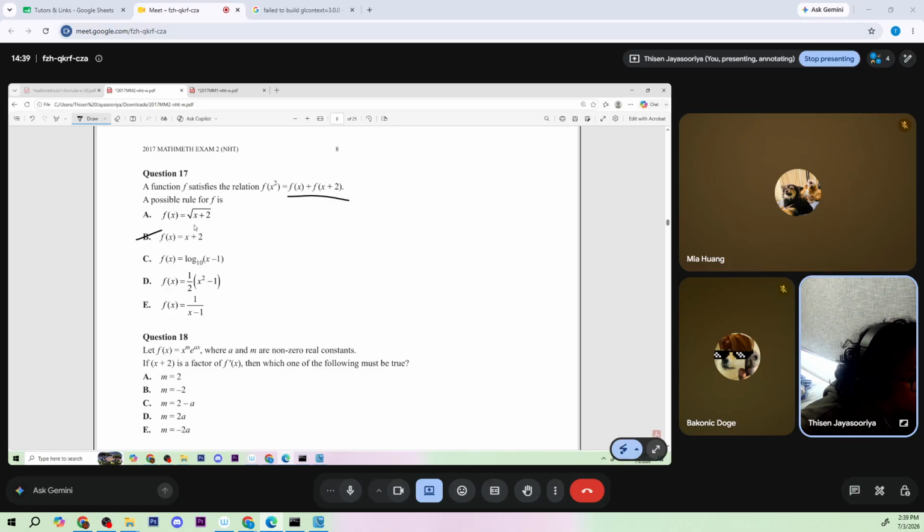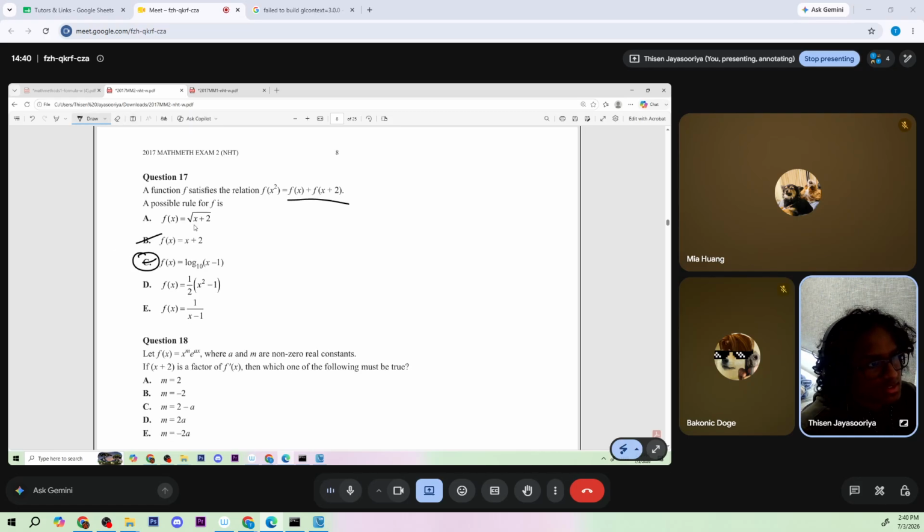Here, it's answer option C. Now, why have I chosen answer option C? It's because I have to somehow get an x squared from an addition. By log laws, an addition is the same thing as multiplication. That's why I looked at answer option C.